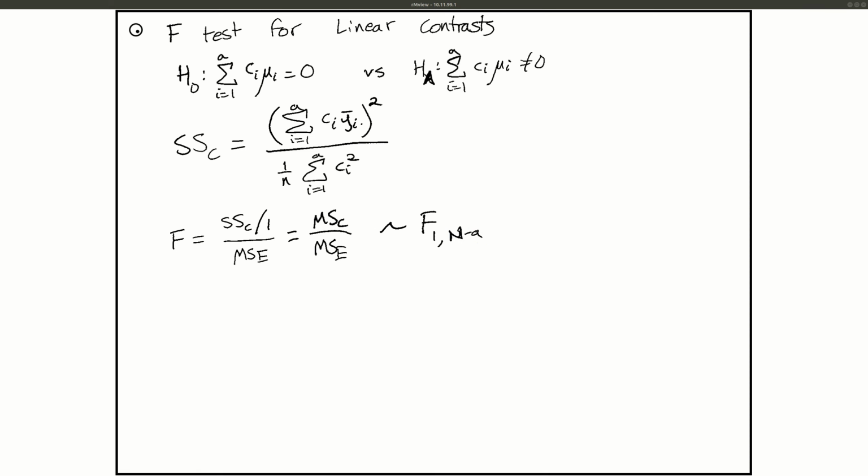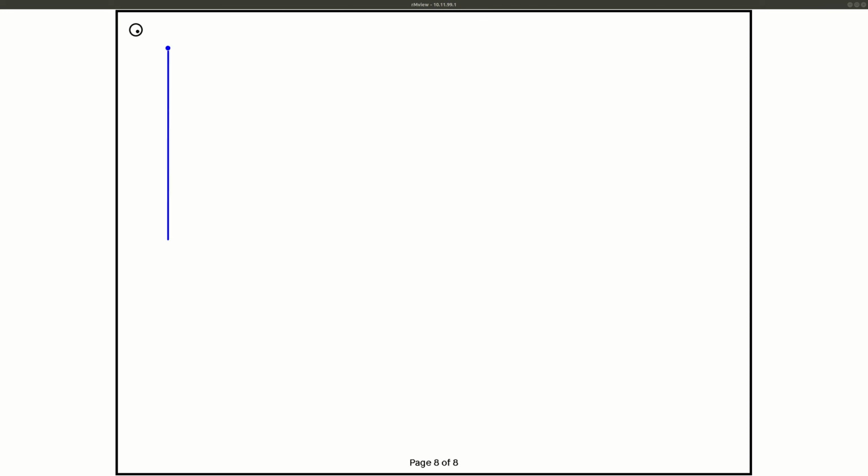Let's see how we can perform such an F-test for the coffee brewing example. In the coffee brewing example, our null hypothesis is that the average of mean 1 and mean 2 is equal to the average of mean 3 and mean 4.